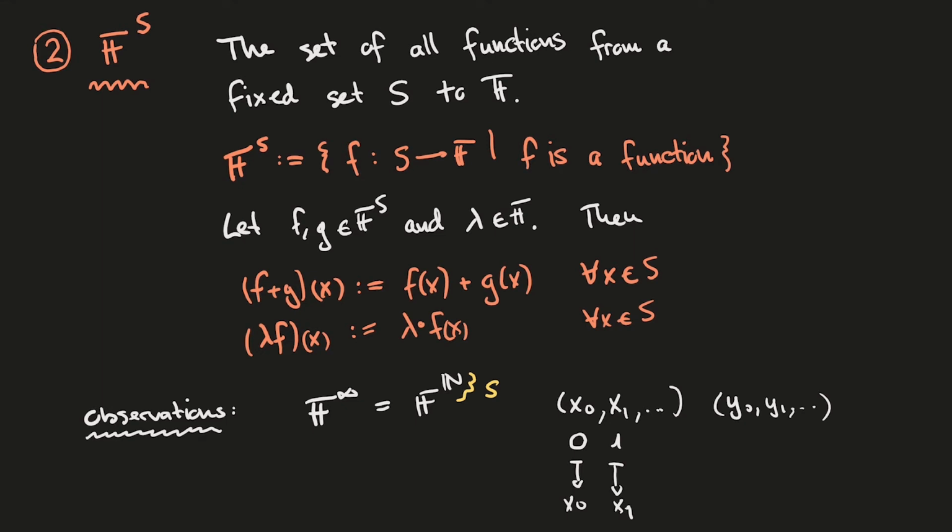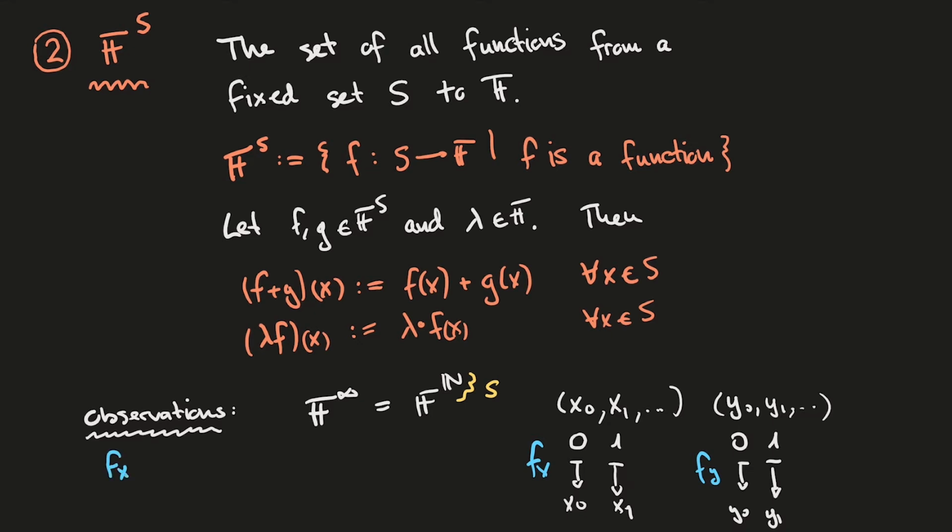So the natural number 0 would be mapped to x0, the natural number 1 would be mapped to x1, and in the case of the second sequence, the natural number 0 would be mapped to y0, and the natural number 1 would be mapped to y1. So we could now call the functions that are induced by the sequences, for example, fx, and the other one fy.